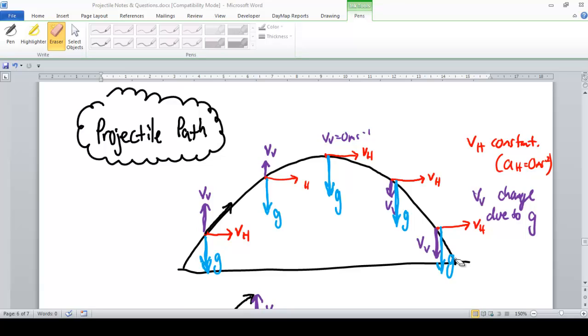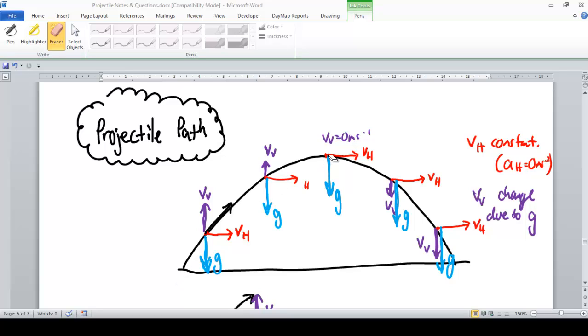Got the idea? Obviously, in the case where it's ground to ground, we know that the time to get to its maximum height will be half of the time of flight. So if we say it takes 4 seconds to get from there to there, then that particular point up here will correspond to 2 seconds. The maximum velocity you're going to have is obviously when it's been launched at the ground.